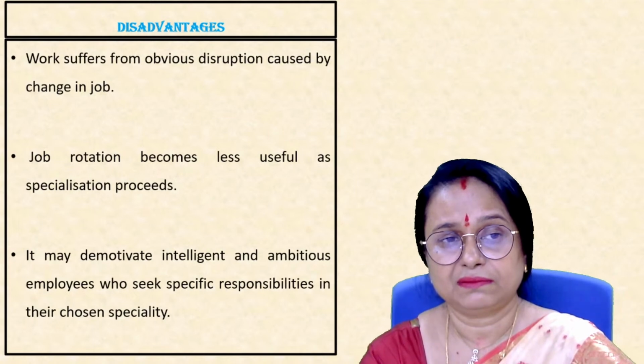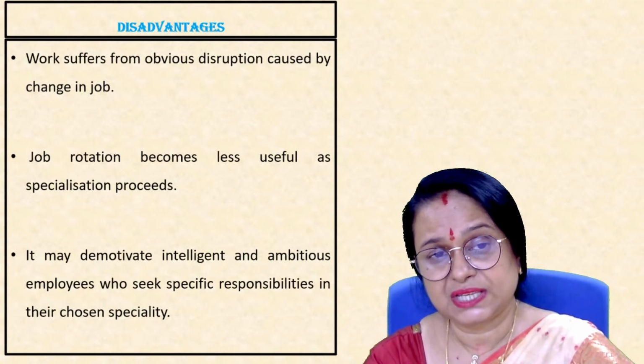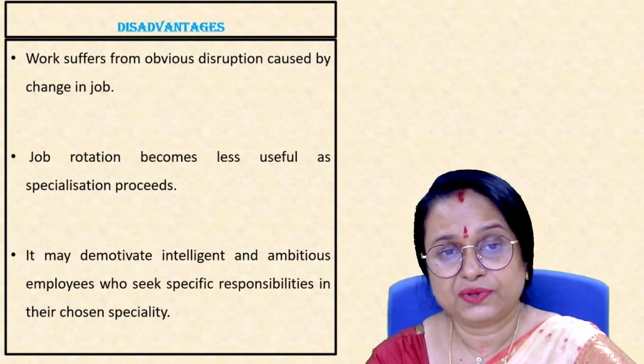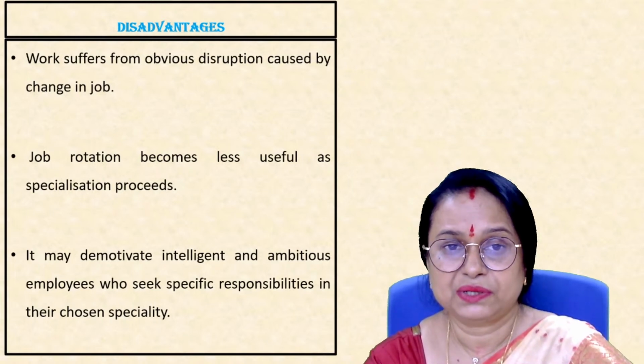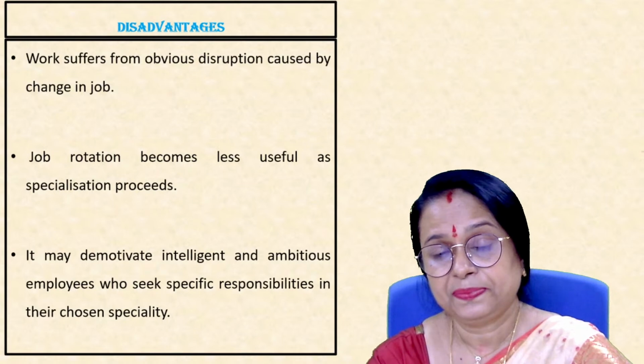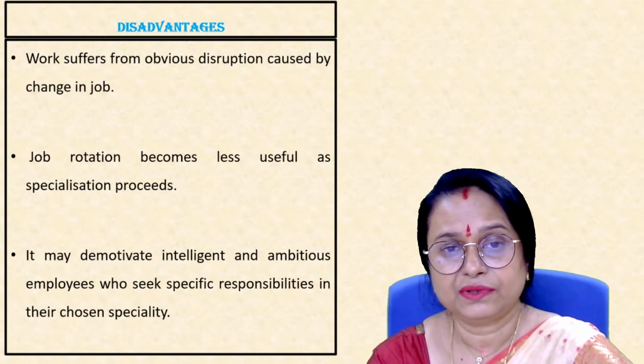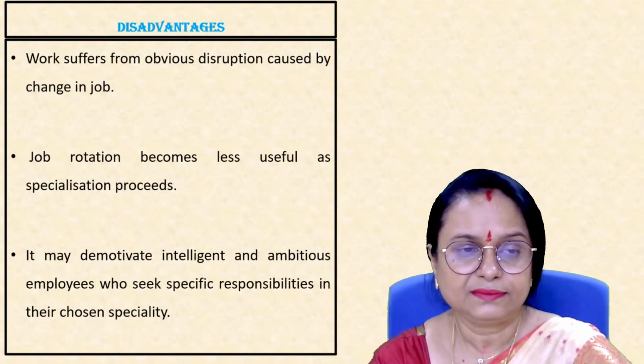Very important thing. When there is a question of specialization, job rotation is not useful, because if one person does the same type of job repetitively, then only he can become a specialist rather than hopping around to different departments.